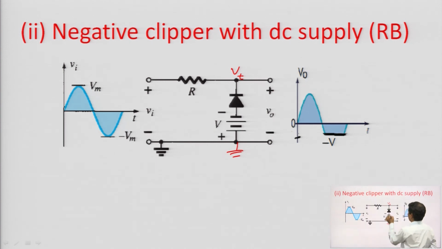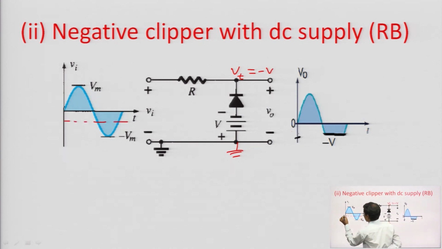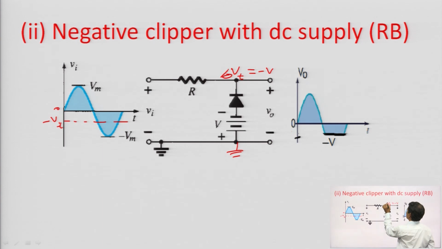Just calculate the Vt here with respect to ground. What is the Vt? Vt is minus V. This means minus V is the Vt here. Just you guys have to observe the diode, whether you are observing N type or P type.